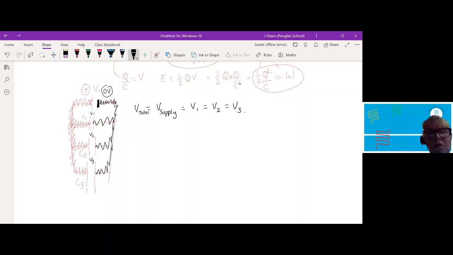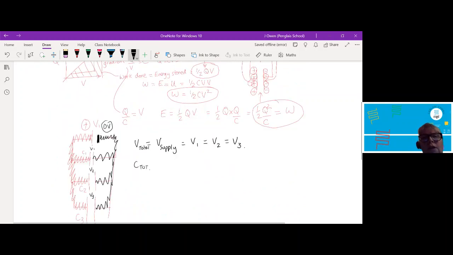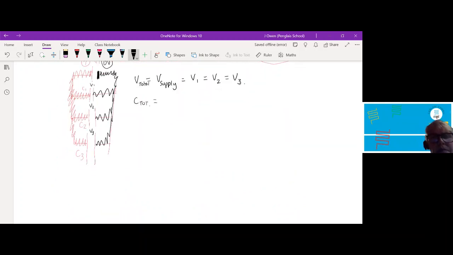Now, capacitance. What would be the total capacitance? Let's see our equation for capacitance. Our equation for capacitance is Q divided by V. The charge stored across capacitor 1 is given by Q1.